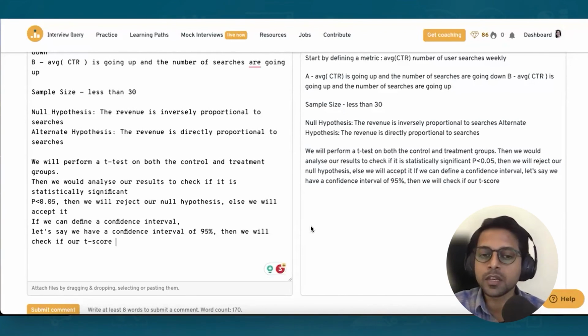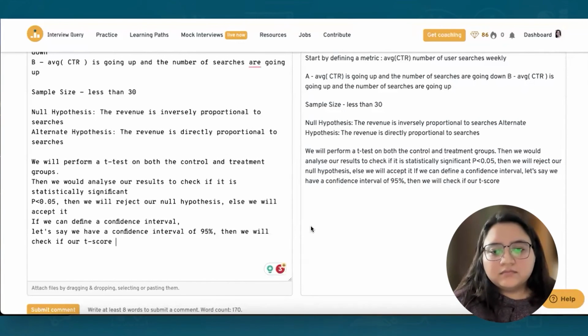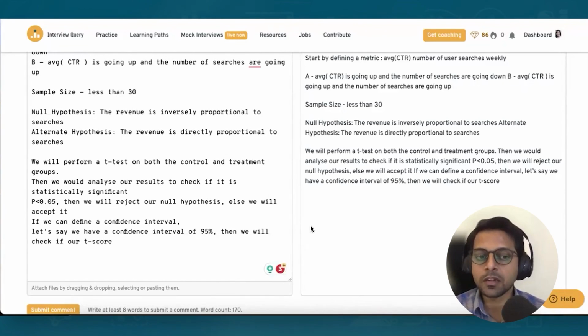But overall, I think you walked through the problem quite well and understood the problem from a business perspective. You came up with metrics that were relevant and went through the problem in a systematic manner, right from clarifying questions to understanding the requirements to the solution and how to actually validate the solution that you have.